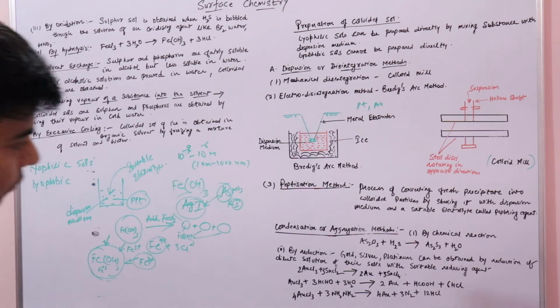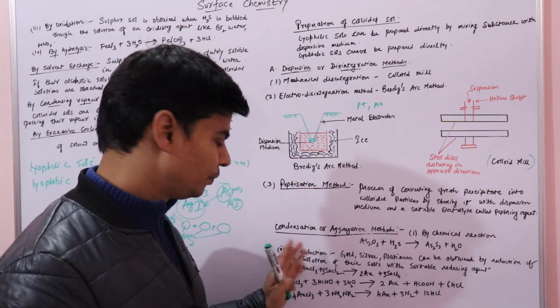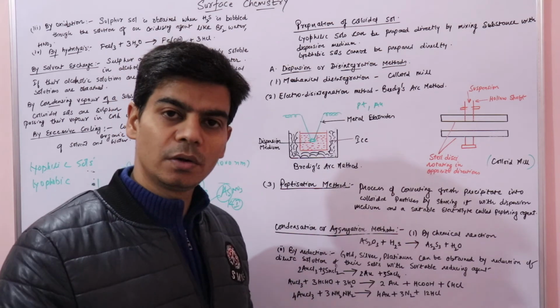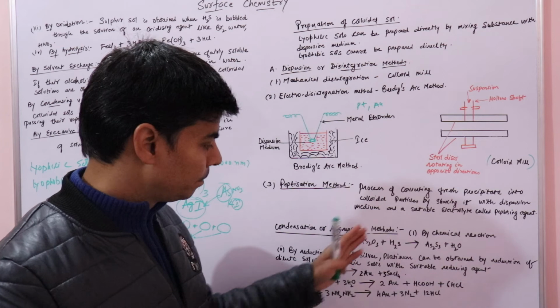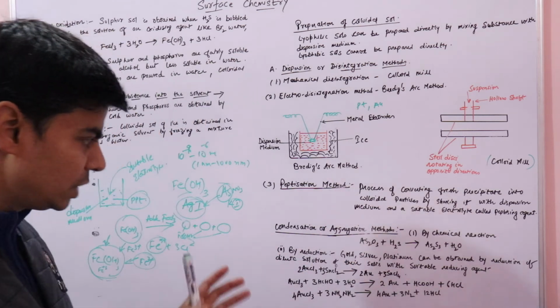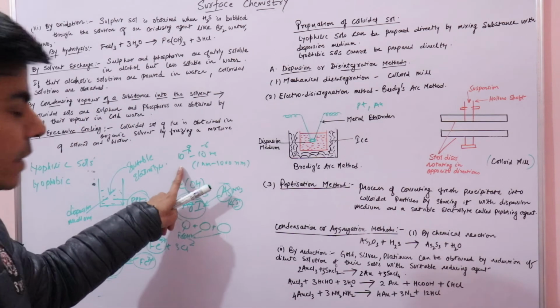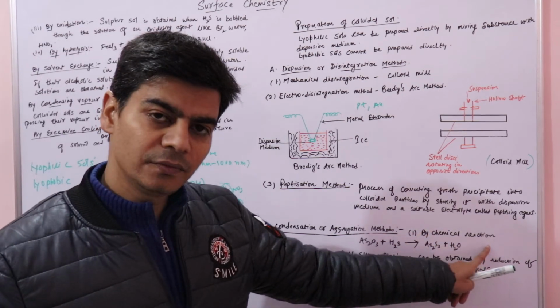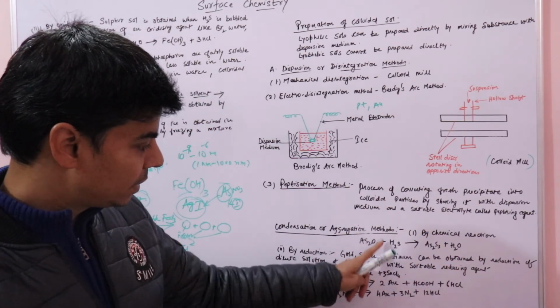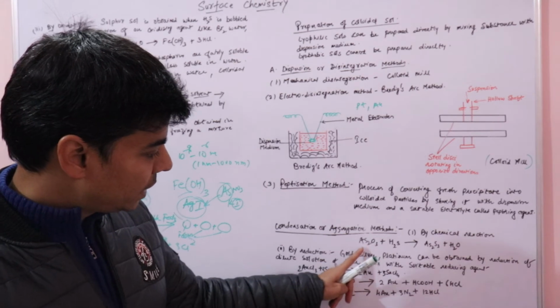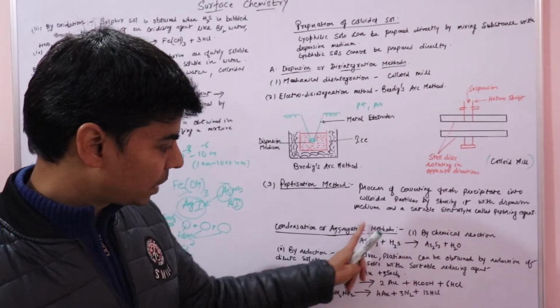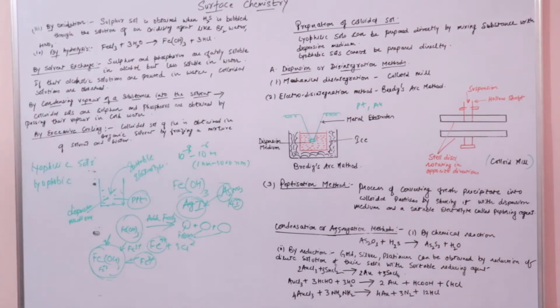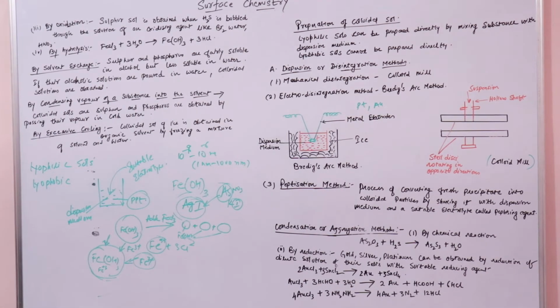Now we'll come to the other methods where smaller particles, which may or may not be of colloidal range, will associate to form bigger particles of colloidal range, right? So associated particles should fall in the colloidal range, which is this range, right? So here the first method is a chemical reaction, like here this As2O3, when hydrogen sulfide is passed through the solution of this oxide, it will change into a colloidal solution of its sulfide, right?